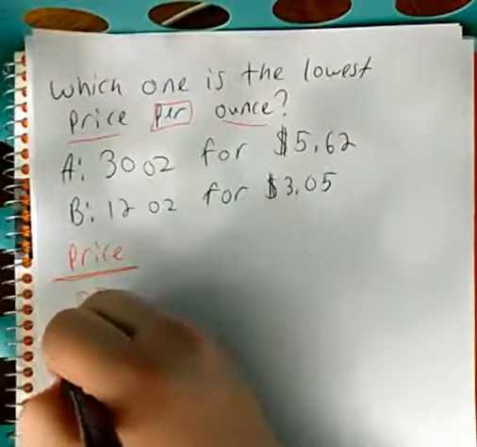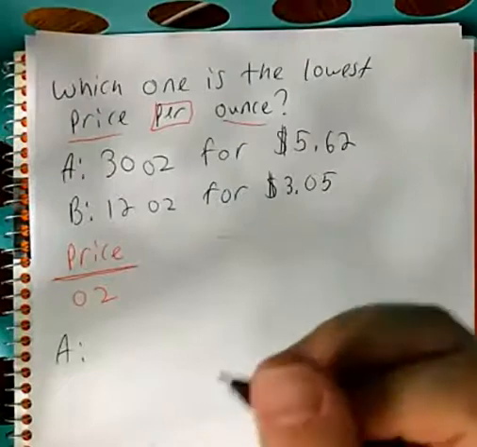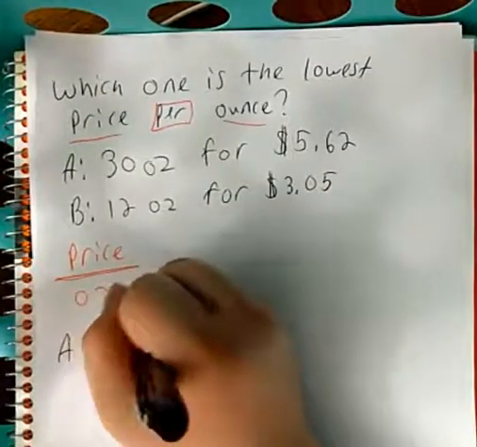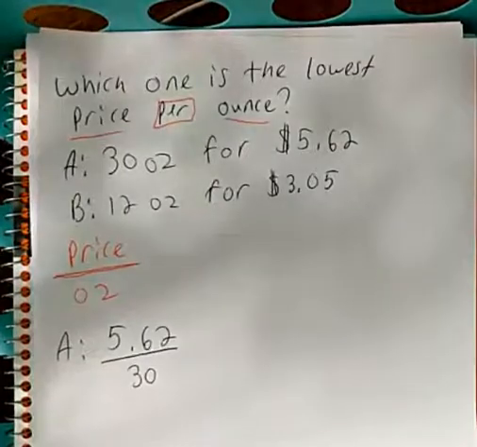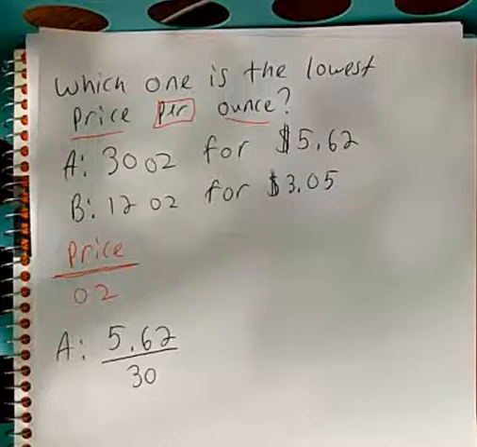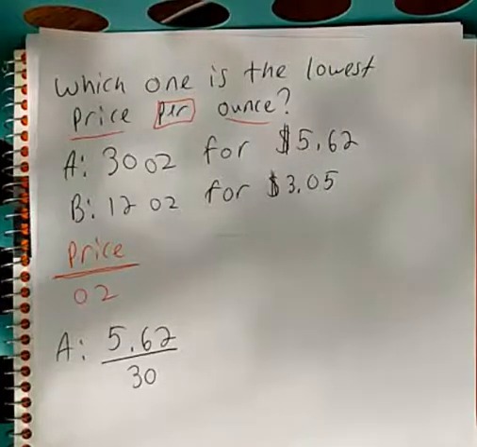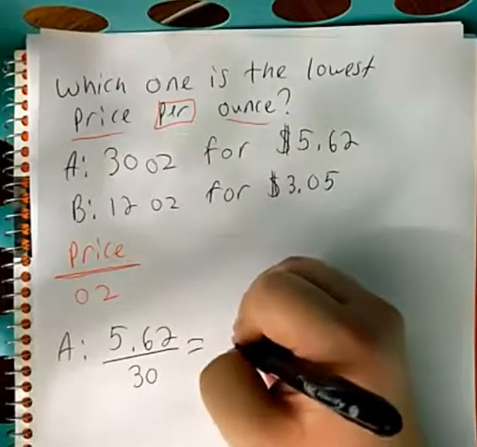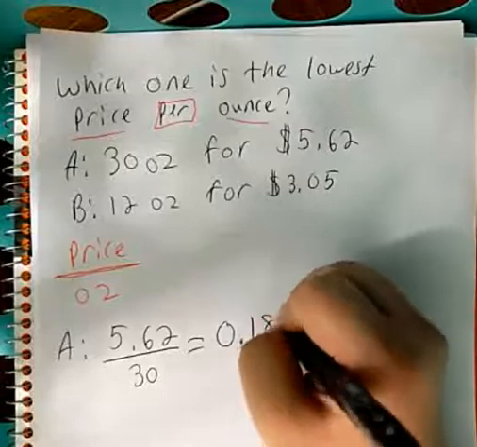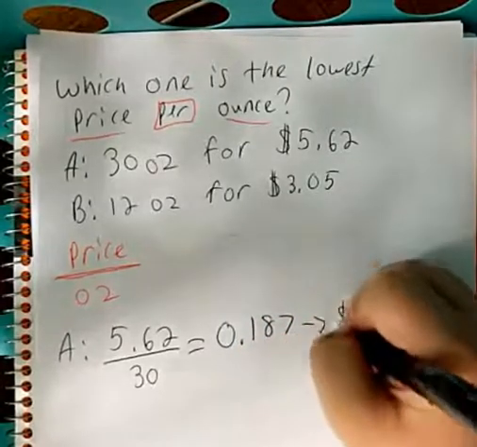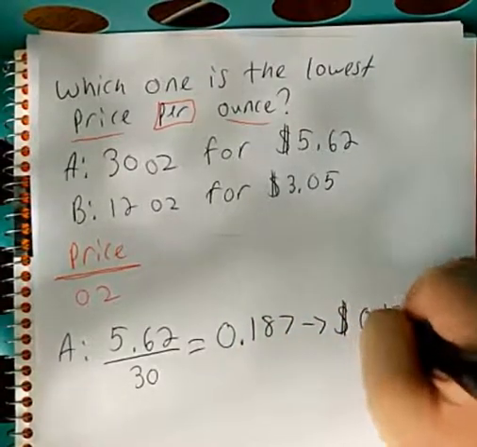So option A is 5.62 divided by 30. Feel free to use a calculator for this. I have one from school. If you want to use the Google calculator or you have one of your own, absolutely. And I got 0.187, which I'm going to round to be 19 cents.